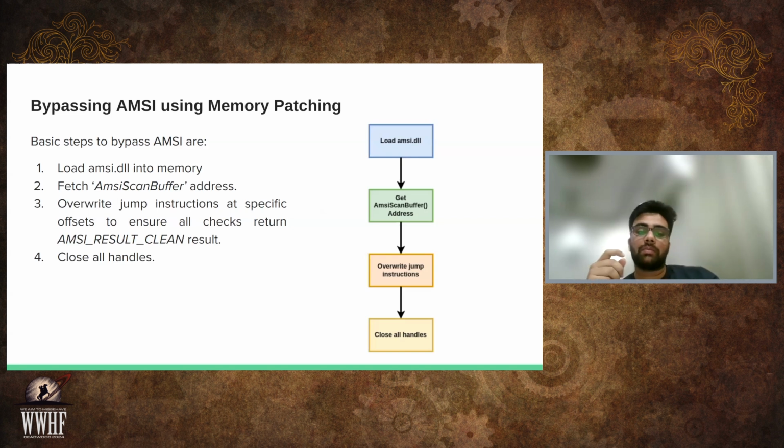These jump instructions will ensure that whatever checks are being performed, they always return AMSI_RESULT_CLEAN. If we receive that result, we can safely say that every command or string being passed is not malicious, it's benign, and it's completely fine to execute in the process itself. So we override certain specific jump instructions. After overriding these jump instructions, we close the handles.